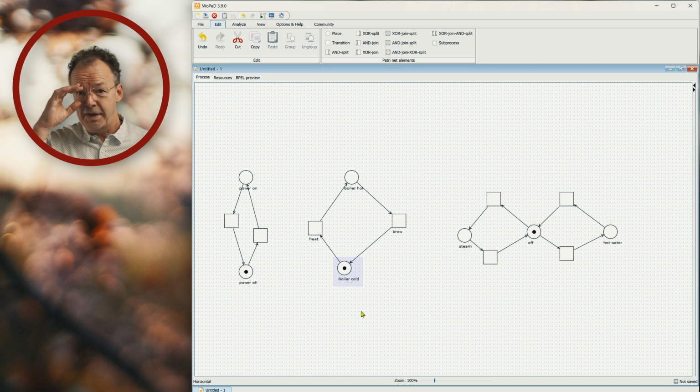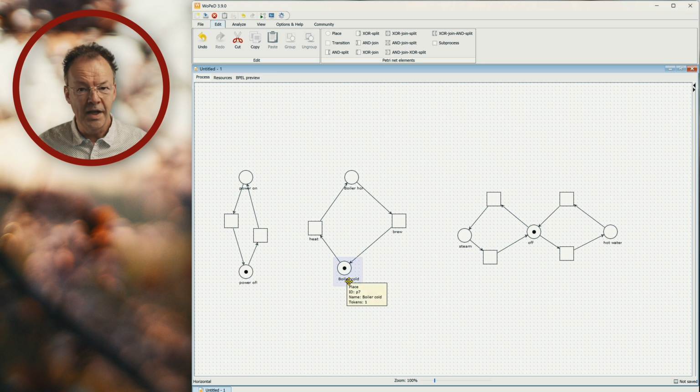And now comes the interesting part. We have to connect these three systems according to the observed behavior of the espresso machine. So there's one thing, of course, if we have the boiler that is cold, I mean, it will never heat unless the machine has turned its power on.